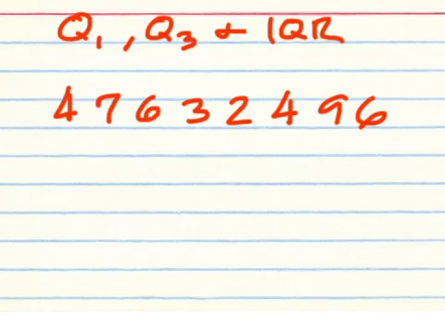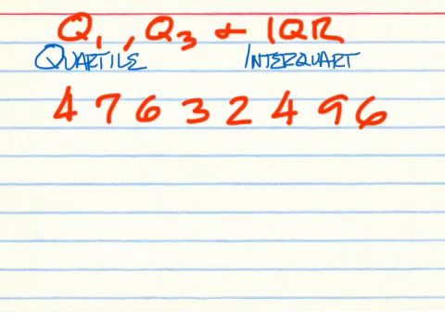In this case, we have to find Q1, Q3, and IQR. Q stands for quartile. So quartile 1, quartile 3, and IQR stands for interquartile range.